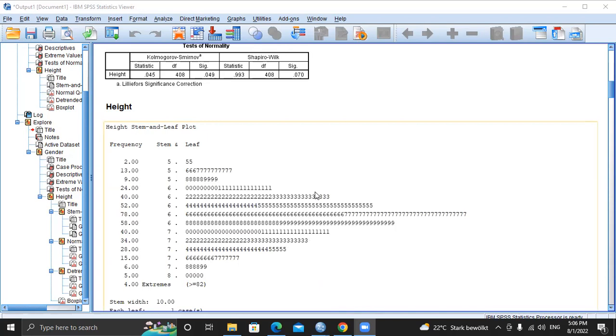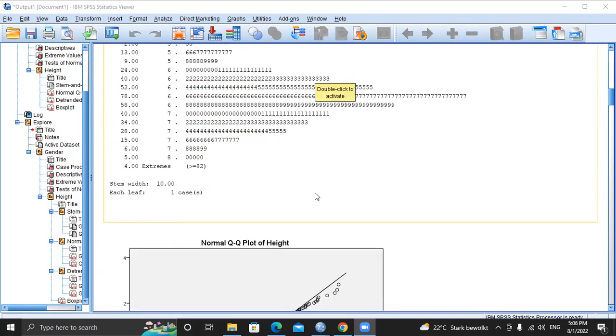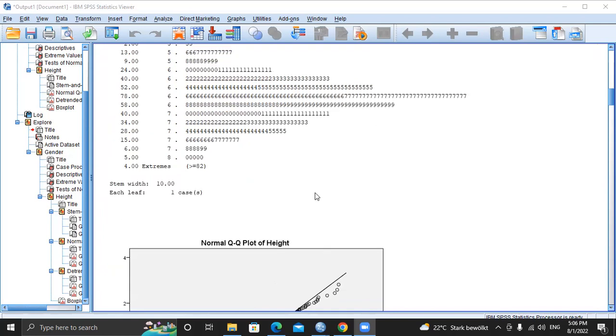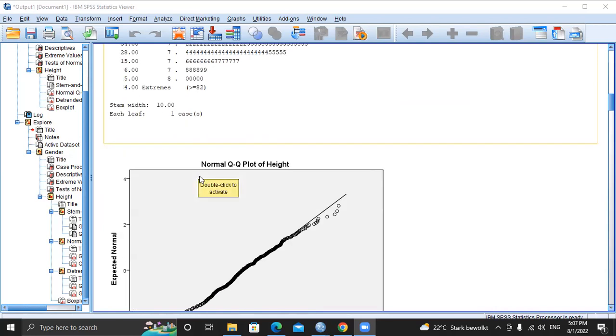So go down, go down. Yes. Wait, let's see. 4 extreme cases. There are some extreme values with their height more than or equal to 82. Continue. Let's look at a plot.